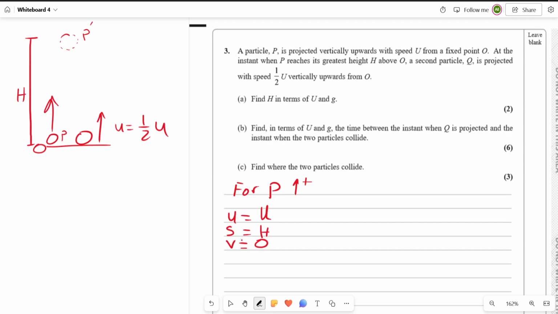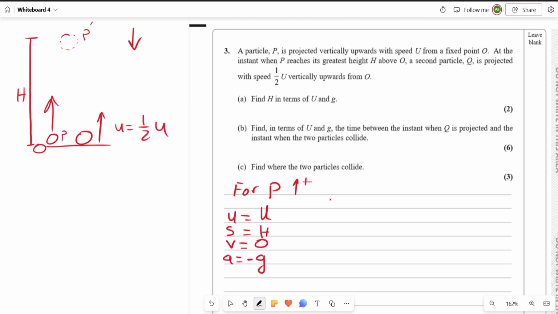What else do I need? I have u, s, v. I have acceleration. Obviously, acceleration is pointing downwards, so I'm going to give it a negative value, with a magnitude of g, which is 9.8. However, this question is interesting because it doesn't give you any numbers.